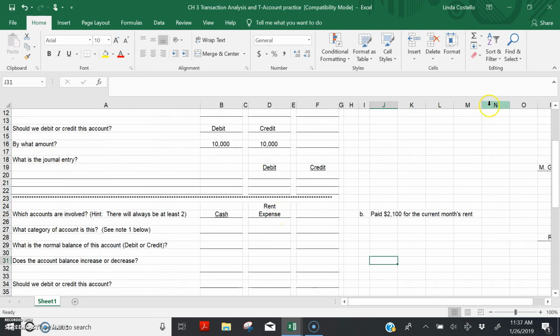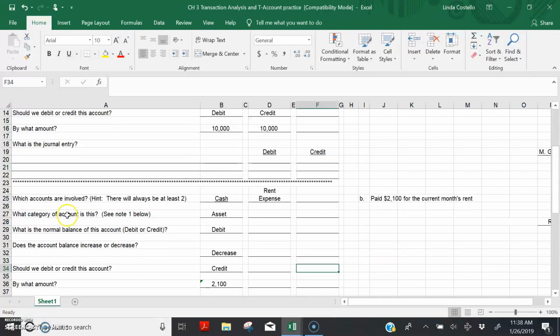Well, we spent some money, so cash is involved, and we are paying for the current month's rent expense, so rent expense is involved. Let's work down the cash column. What category of account is cash? Cash is an asset account.